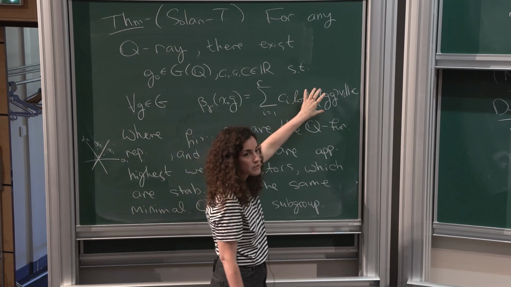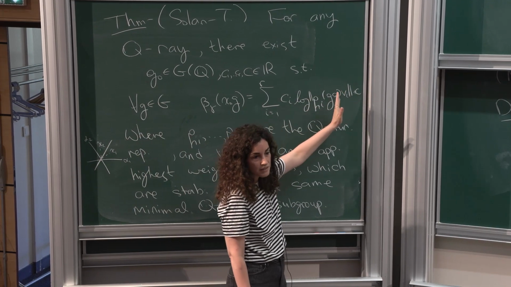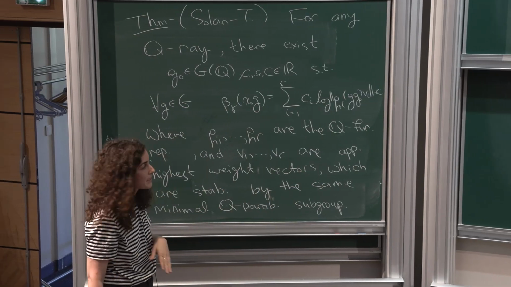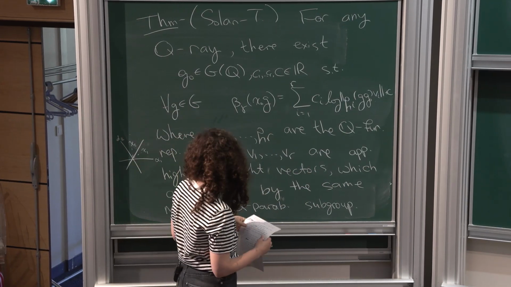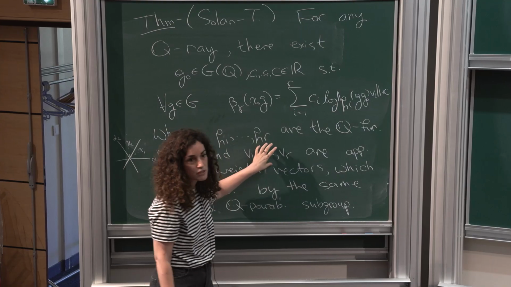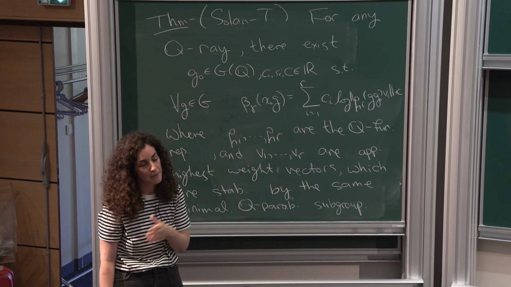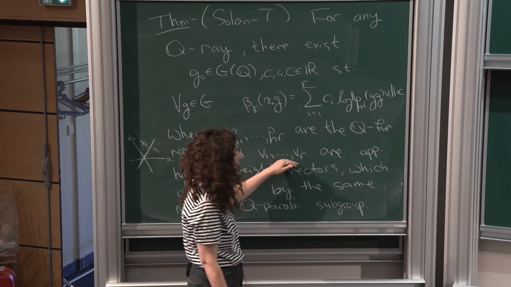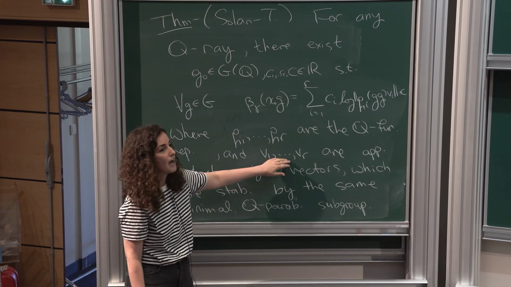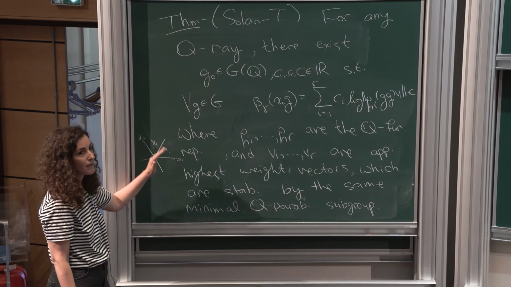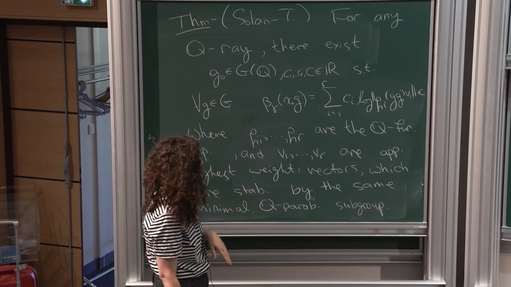This means that it gives you some action of G on some real spaces, the V_i. And in these real spaces, you have highest weight vectors, vectors that are stabilized by some maximal parabolic groups. These maximal parabolic groups are going to correspond exactly to these fundamental weights.